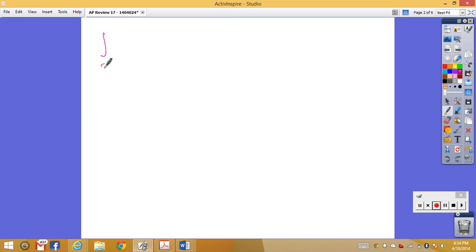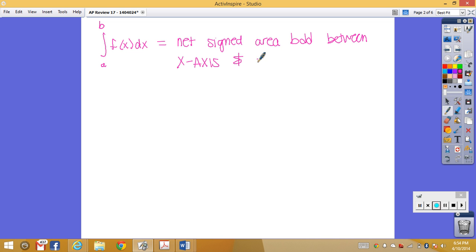If you're looking at the integral from a to b of a function f of x dx, then that is always the net signed area bounded between the x-axis and the curve.